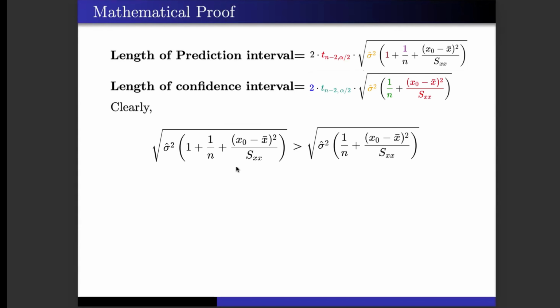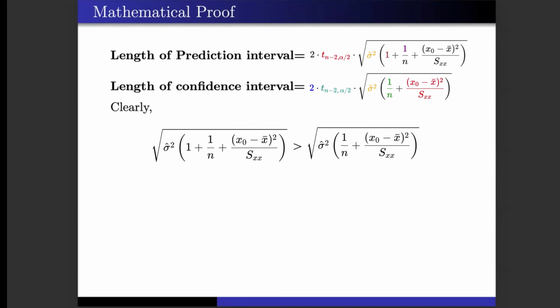Clearly, the standard error of y at point x naught is greater than the standard error of an estimate of the mean of y at point x naught, because in the standard error of the individual value of y, we have uncertainty due to model estimates and also uncertainty due to error terms. So we have sigma square hat times 1 plus 1 over n plus x naught minus x bar, whole square, divided by Sxx.